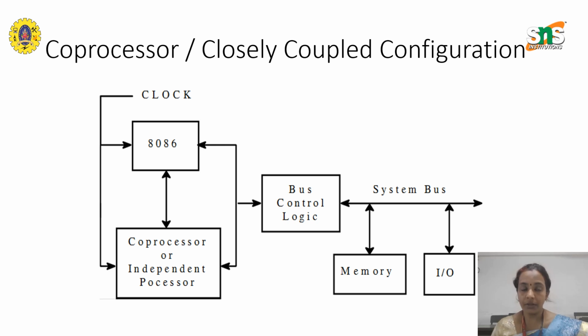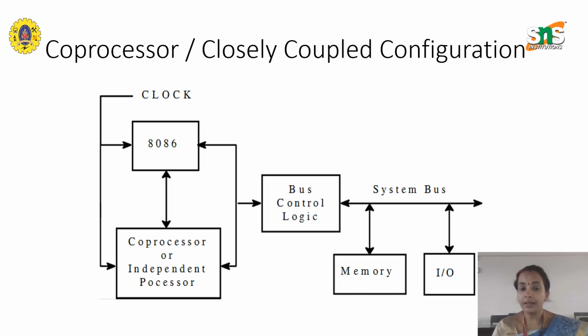So we have the block diagram of the coprocessor or the closely coupled configuration. The clock signal will be given to the 8086 processor. The duplex signal from the 8086 processor will be given to the coprocessor or independent processor, and from the coprocessor also, signals go to the 8086 microprocessor.